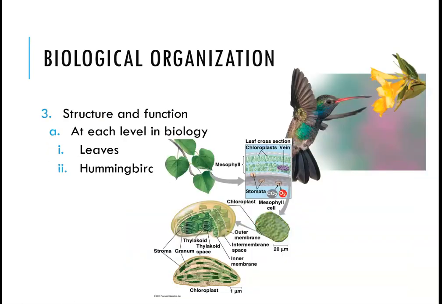Another important part of biological organization is the idea of structure and function. This happens at every level of biology. And the general idea here is that everything, all of the parts that make up a whole, have a very specific structure. And that structure is intricately related to the function. So, for example, we just talked about all of those chlorophyll molecules that are organized into the leaf.